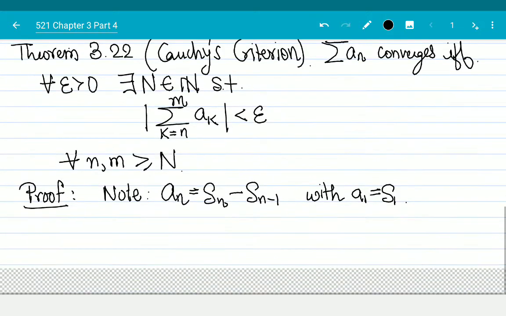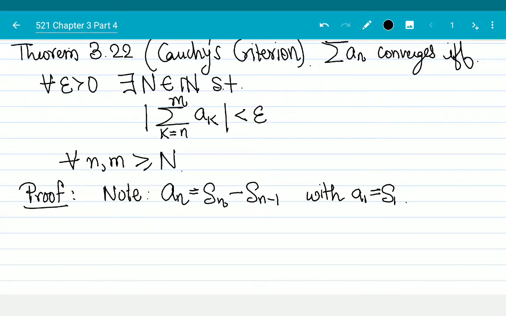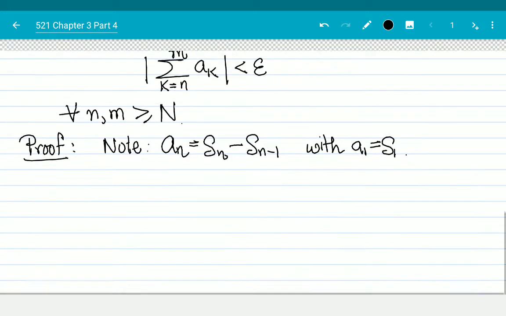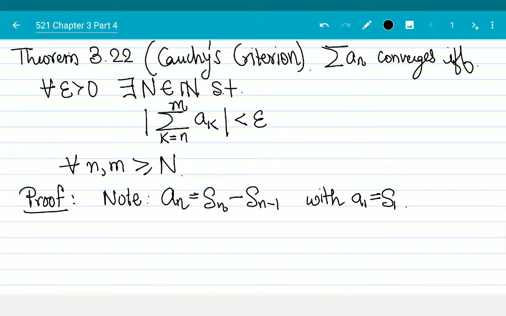In that case, this is literally the definition of what we get for Cauchy's criteria for sequences. And so we can fill it in, and this directly follows. I'm not going to complete the proof.